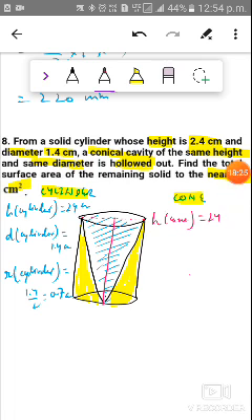And the radius of the base of the cone is also the same as the cylinder, so that is 0.7 centimeter.